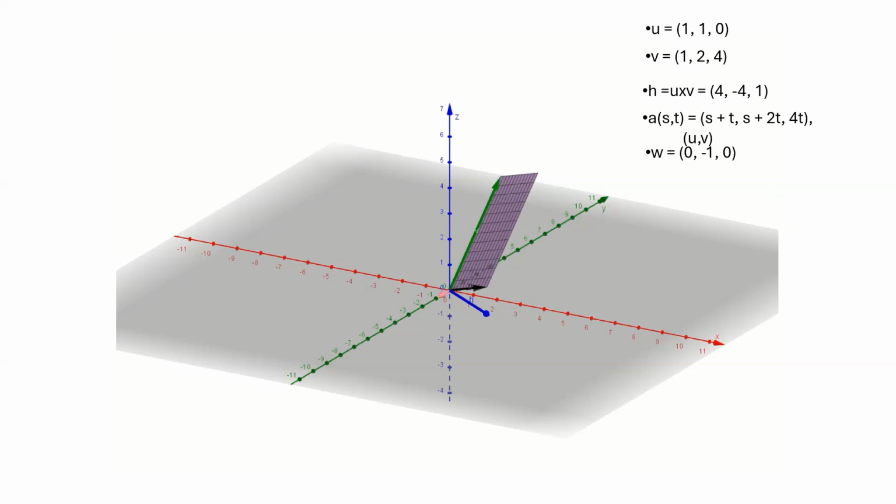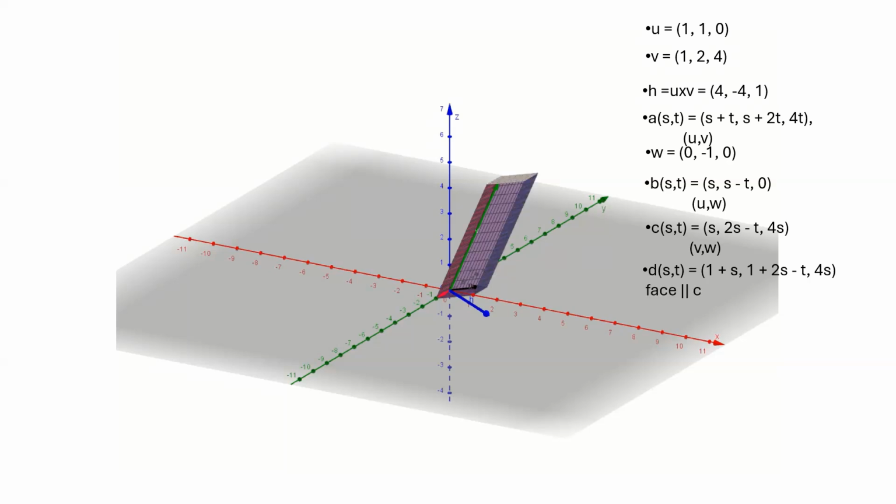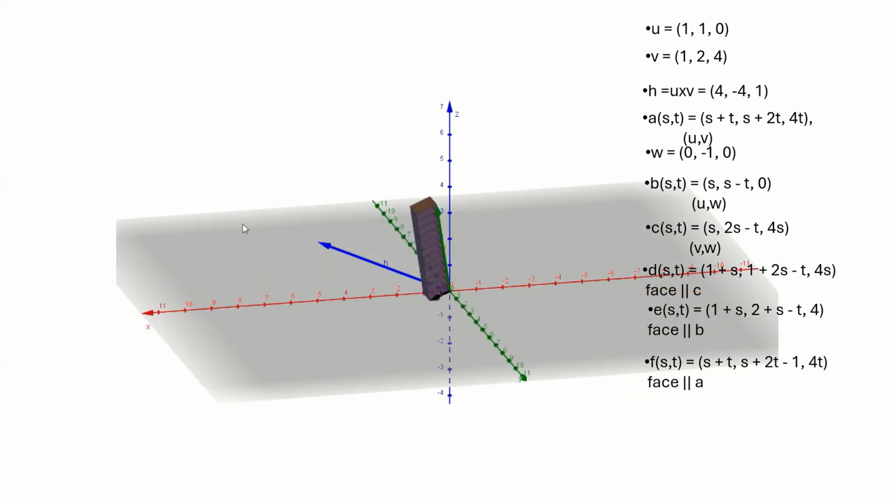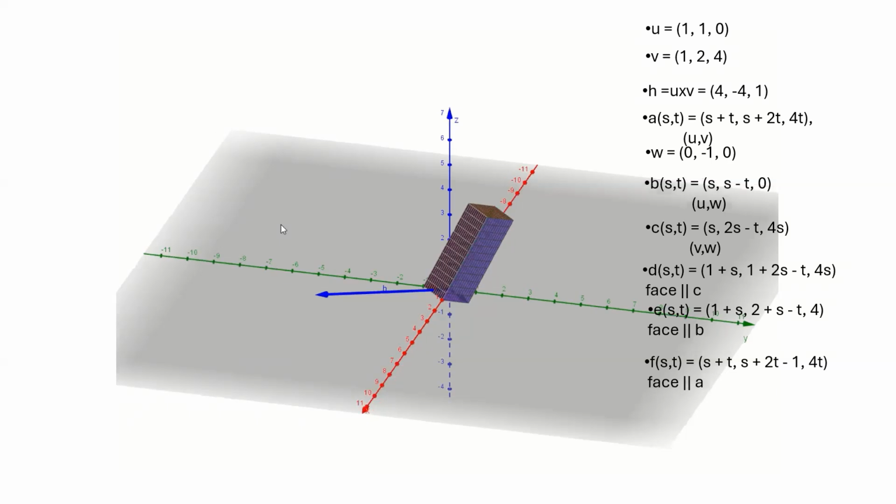Let's have another vector w, then construct all the faces of the parallelepiped made by u, v, w as adjacent edges. Here we go. This is the parallelepiped, and its volume is u dot v cross w.